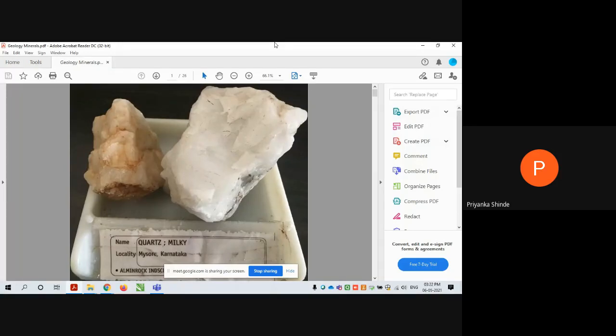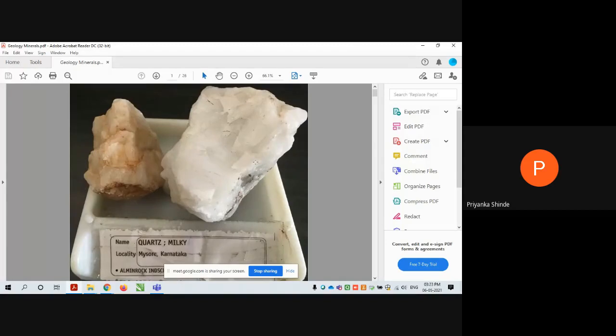Then specific gravity, hardness, cleavage, fracture, tenacity. These are again important properties which will help us identify minerals.